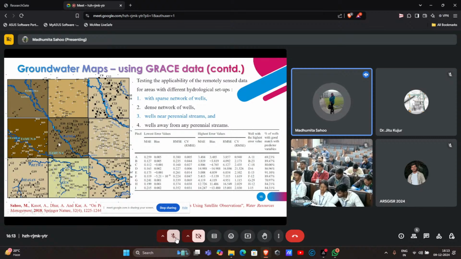Then there are dense networks of wells, like this grid F, which has around 72 or 78 wells, and a dense network here in E and H. When we say there is a dense network of wells, it means that we have a lot of data sets, and each of the data sets will be correlated with one single data value from the GRACE satellite.